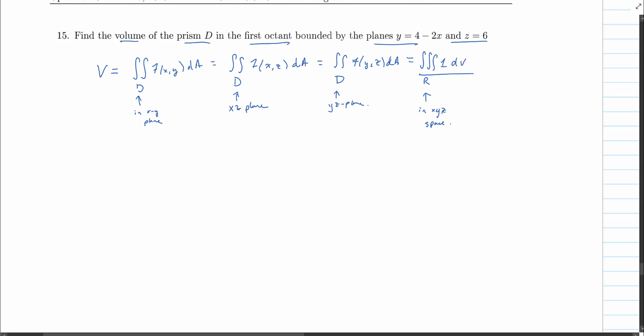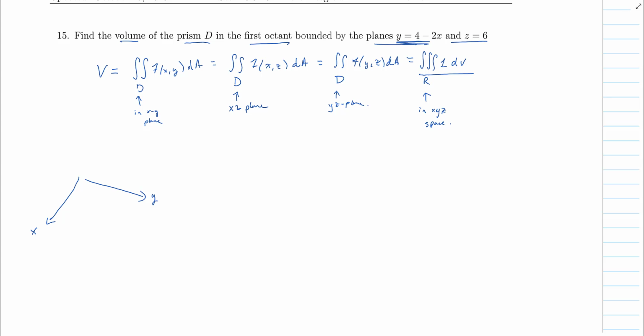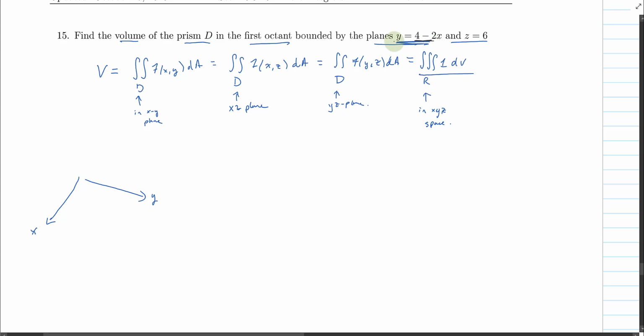I'll do my best here. We've got the x coordinate system and the y coordinate, so here we've got the xy plane, and one plane we're going to deal with. This is a plane in 3-space, but it doesn't depend on z, so it has the same level curves for any choice of z value. So I'll sketch it in the xy plane.